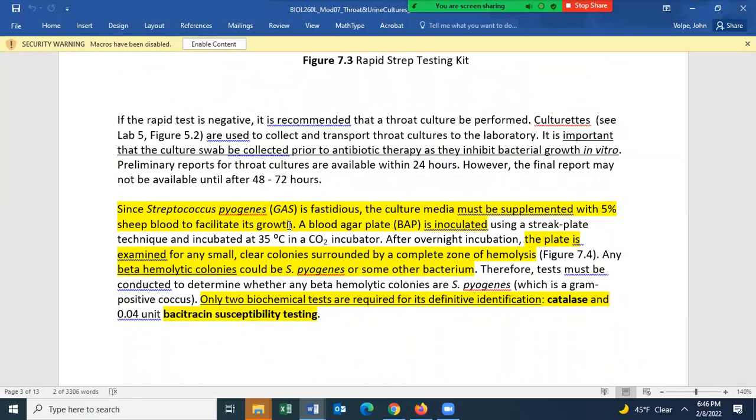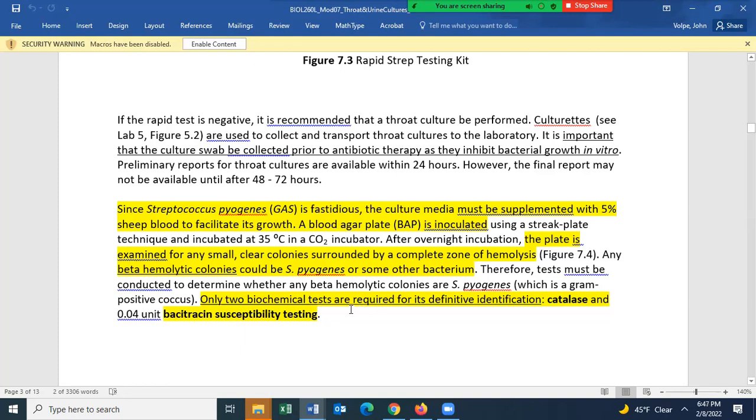First of all, you grow the throat culture on blood agar, and then you look for small white colonies with complete zones of hemolysis, meaning beta hemolysis.